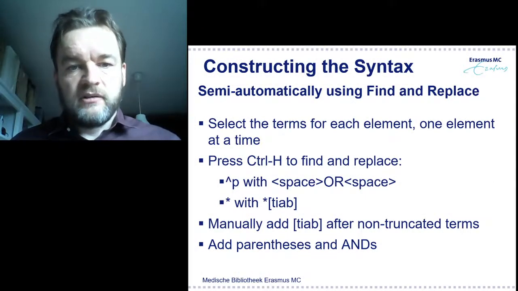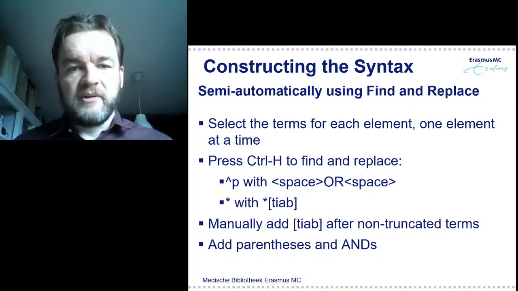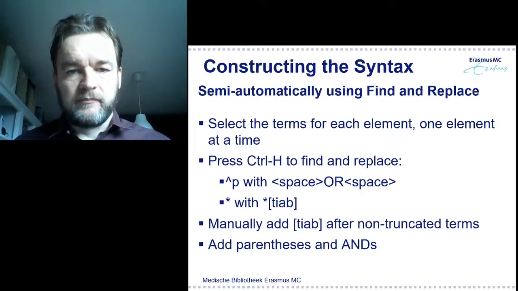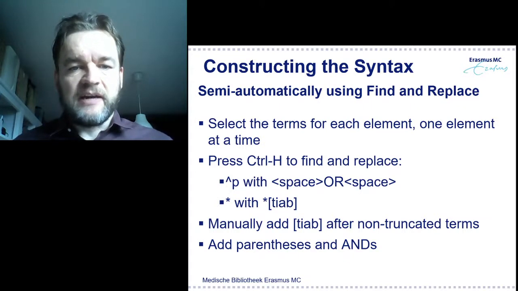To summarize, what we have done in the Word document is we have selected the terms for each element one at a time. Using Ctrl H, we found and replaced the caret P, the line break, with space OR space to have each term on a single line.